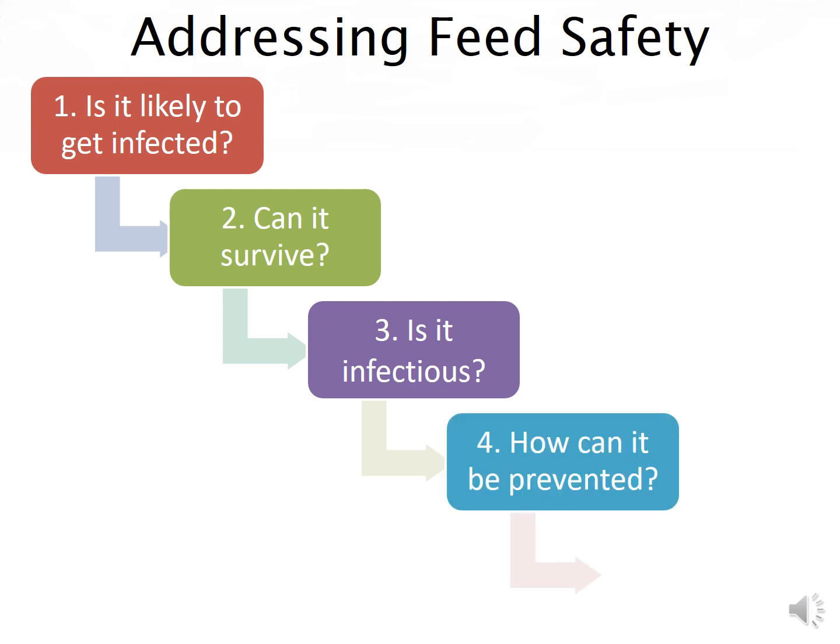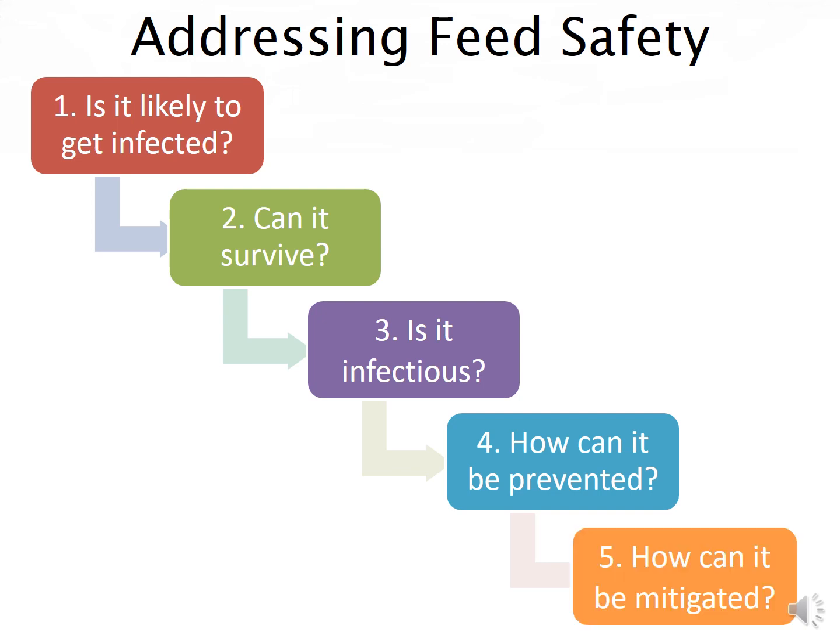And if all of those are true, then how can we prevent this? What are things that we can be doing within the United States and abroad to prevent these from occurring? And finally, we need to be prepared in case this occurs. And what can we do to further mitigate any of these options if they cannot be prevented?